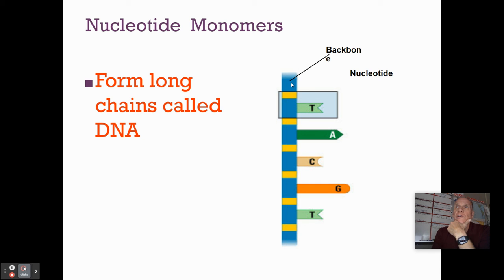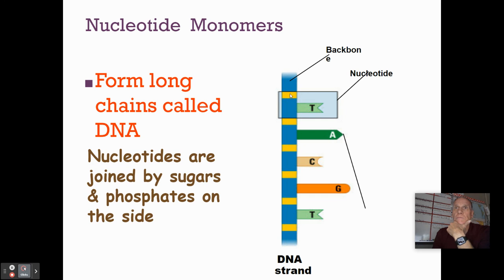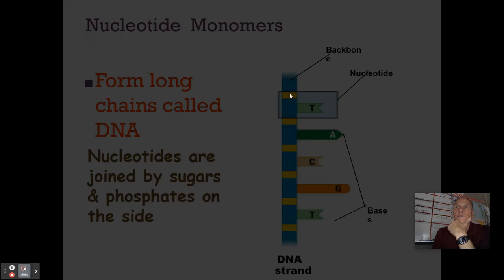This is my sugar, phosphate, sugar, phosphate, sugar, phosphate, sugar, phosphate backbone. And I'll show you that in class. And these are my nitrogenous bases. This is one nucleotide: a nitrogenous base, a sugar molecule, and a phosphate. And again, those are my bases.